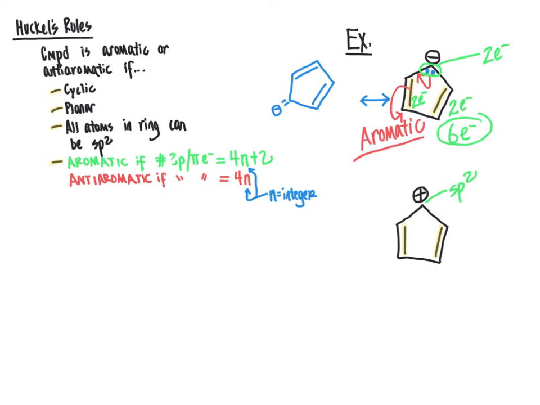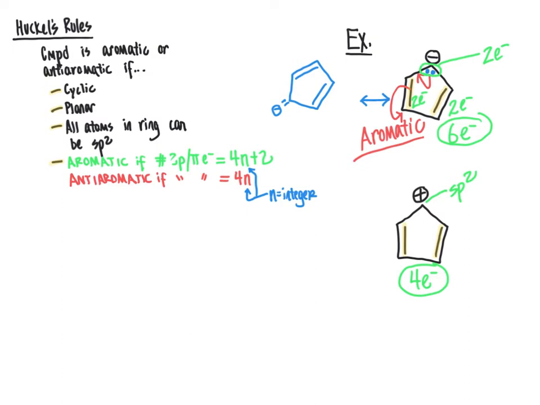But since it's sp2, we can still continue on with thinking about it being aromatic or anti-aromatic. So in total here, for this particular structure, the grand total number of electrons toward that 2p count is going to be 4, because there are a grand total of 4 electrons in those 2 pi bonds that are present in the molecule. And the carbocation doesn't contribute any electrons additionally to that count.